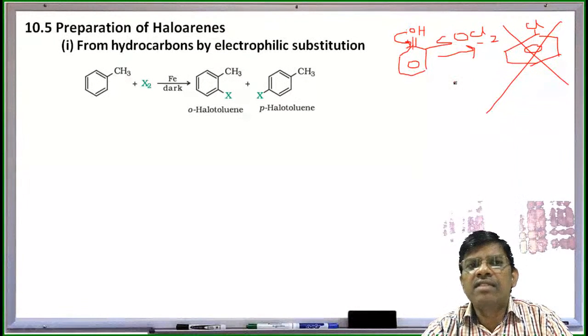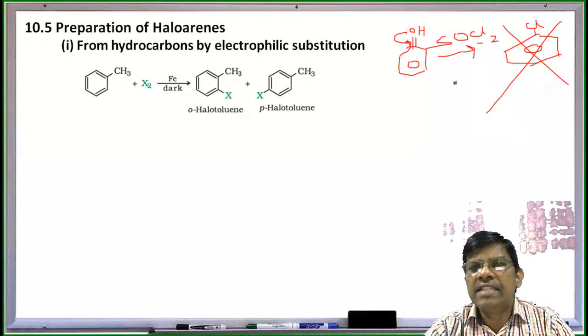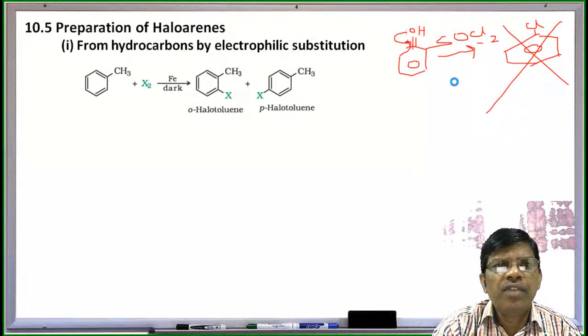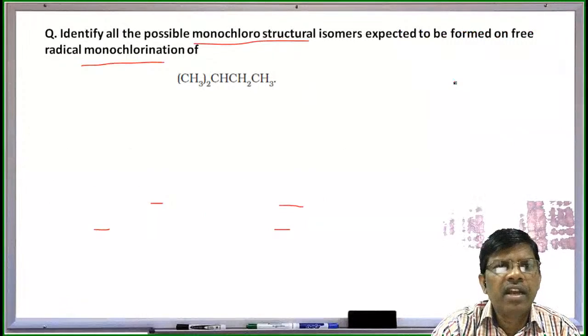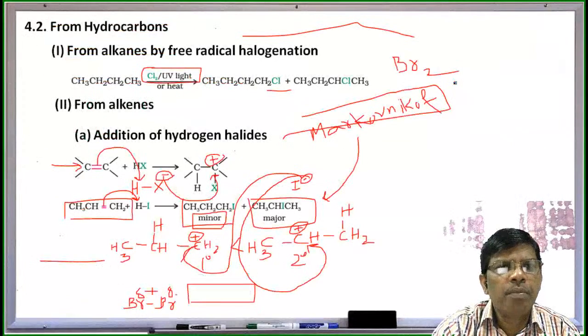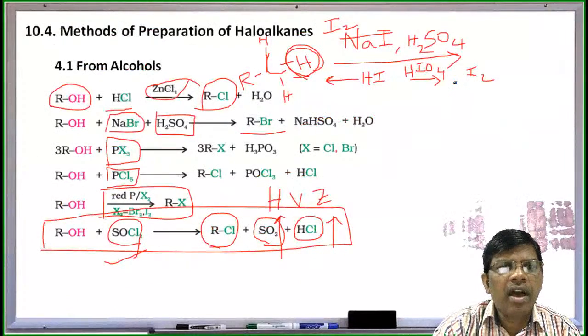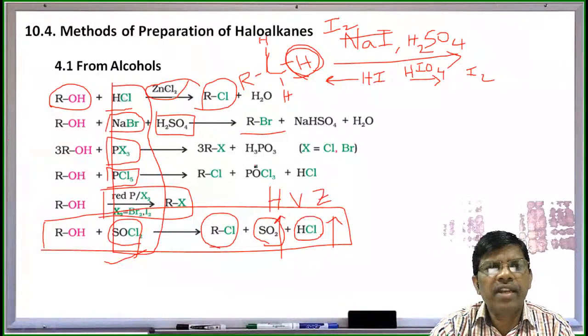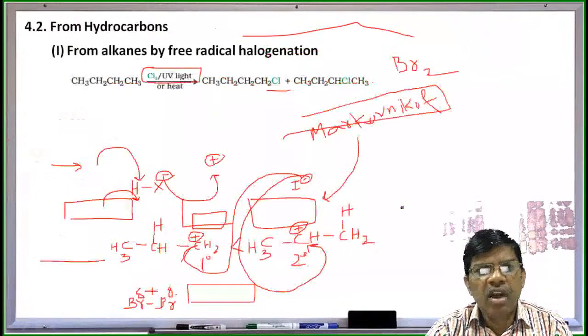So phenols will not give halides with thionyl chloride, PBr3, whatever the reagents we learnt here. Phenols are not going to form aryl halides with HCl, sodium bromide, or PBr3 also.